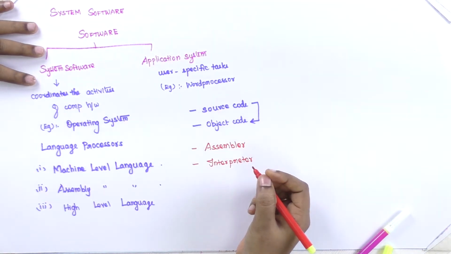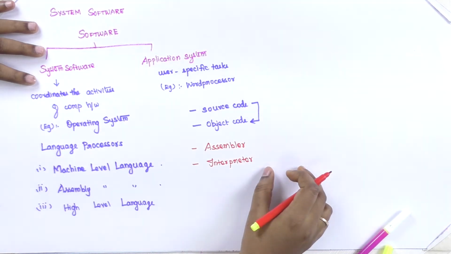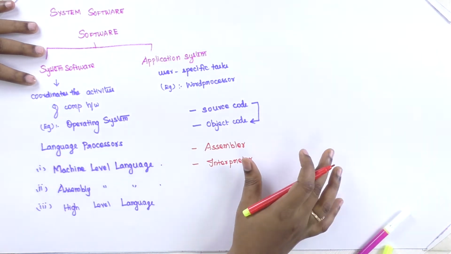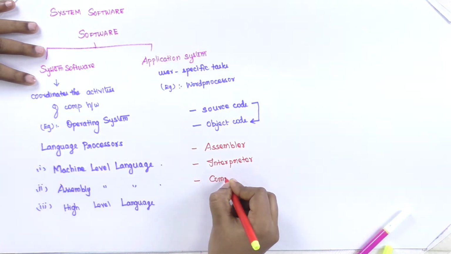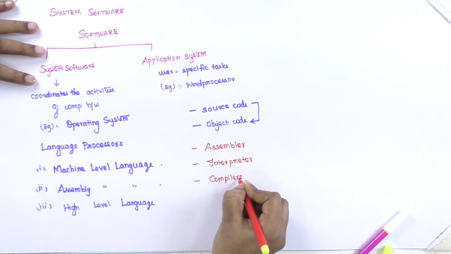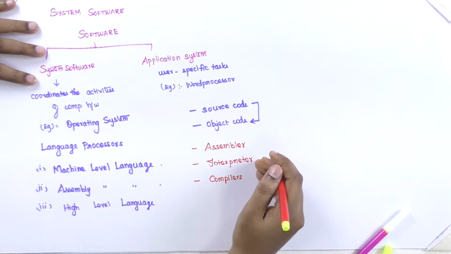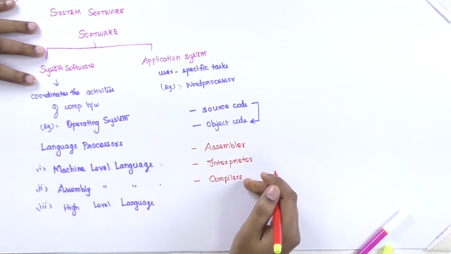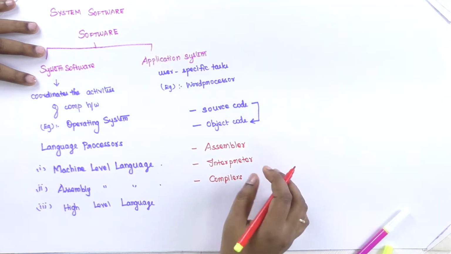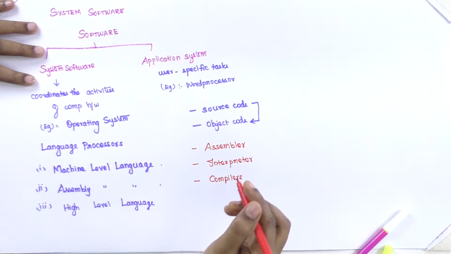Interpreter helps in converting our high level language to machine level language, but the type of conversion is line by line. Then compilers. Compilers also do the same process as the interpreter. They also help in converting the high level language to low level language, but the type of conversion is as a whole, not line by line.